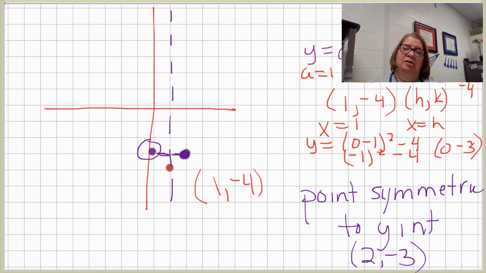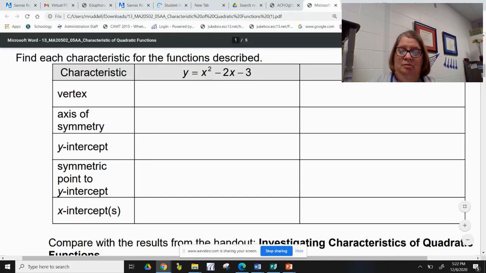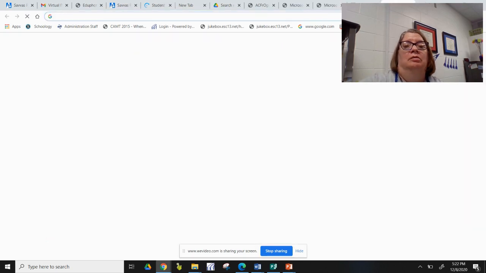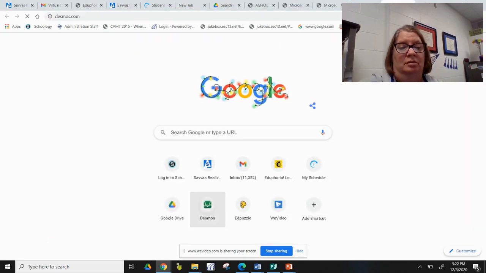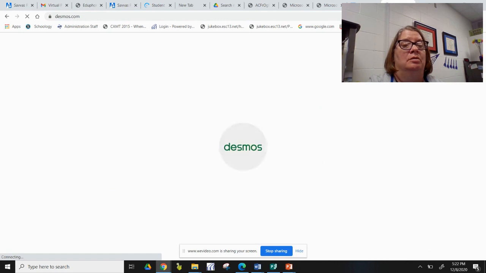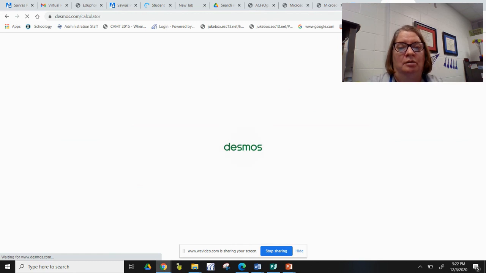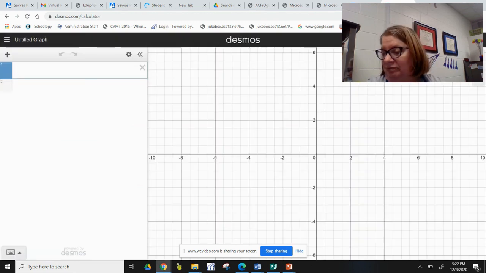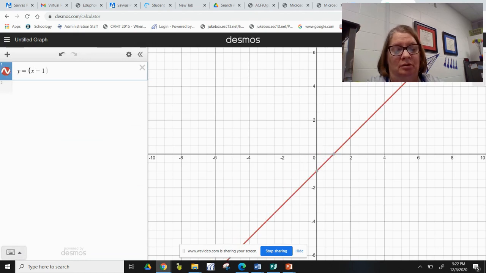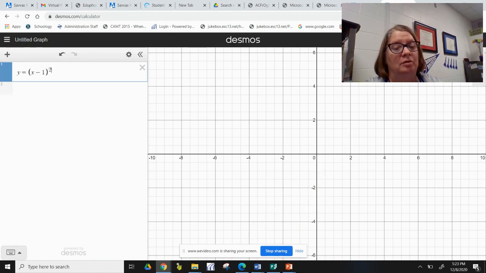Okay. So let's look at Desmos. Let's graph this equation. This equation in vertex form was y equals x minus 1 squared, whoops, minus 4.